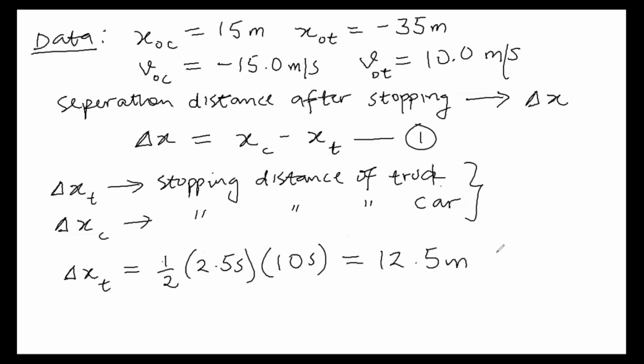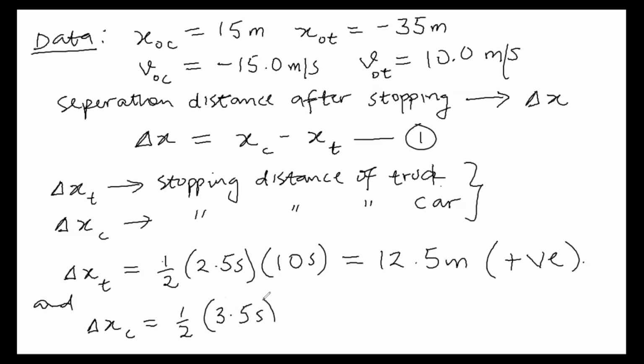meters. This is basically positive, because you know the truck was actually moving to the right. So the distance that it's covering, the displacement, is actually positive. In a similar way, we can say for the car, the distance that was covered by the car, we can also say half. If you look carefully at that graph for the car, the base is 3.5 seconds, and then the height is about minus 15.